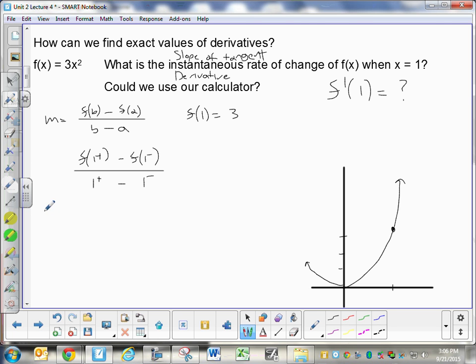Well, we used 1.00001, say like that. Now we could go closer, right? I could put more zeros. And I could plug that into my calculator and figure out what the function value is. So I have 4 zeros here. And I also can take 0.99999. So let's do 4 nines. And I can find out what that's equal to.